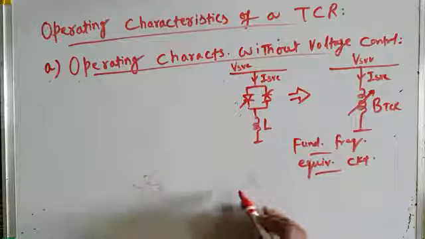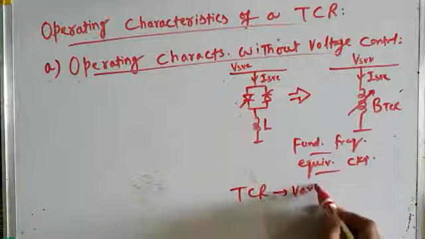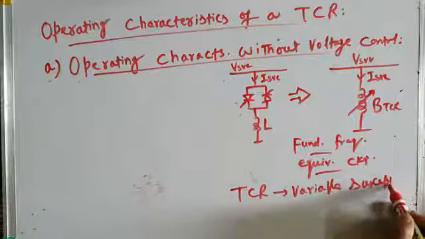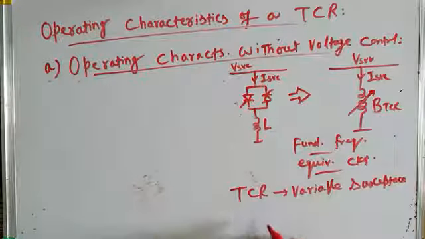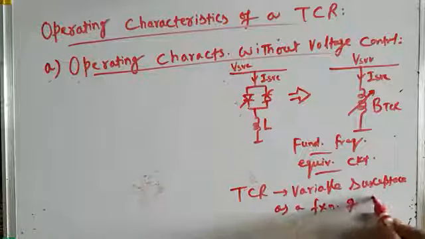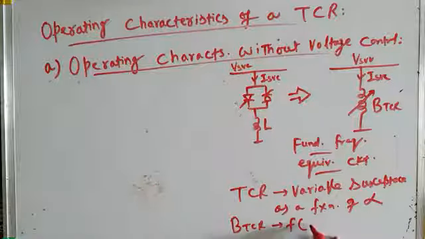So it acts as a variable susceptance as a function of delay angle alpha. So the susceptance of TCR, BTCR, is a function of alpha.